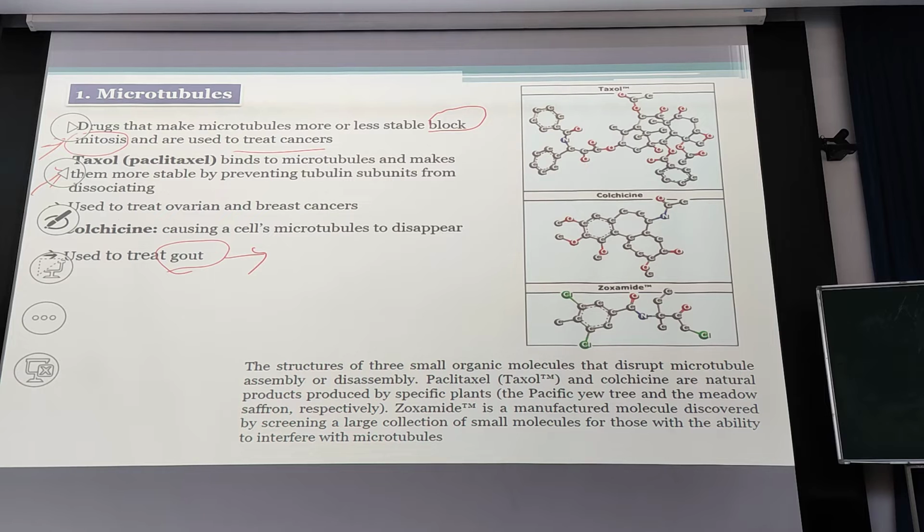When we treat with colchicine, it can block the migration of the blood cells, so we can reduce the response to inflammation.